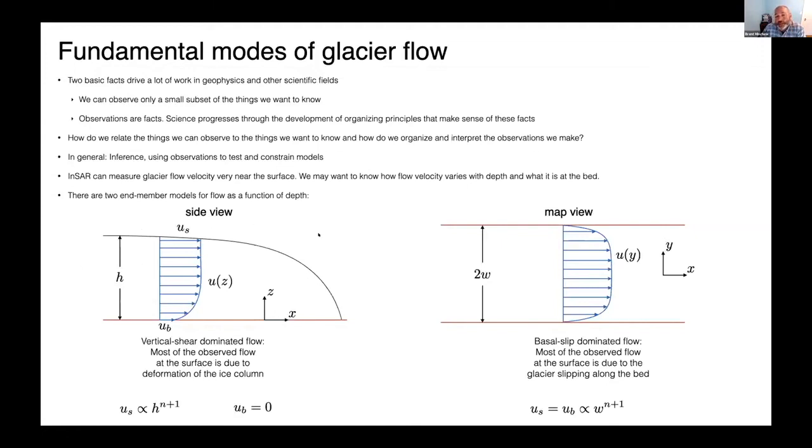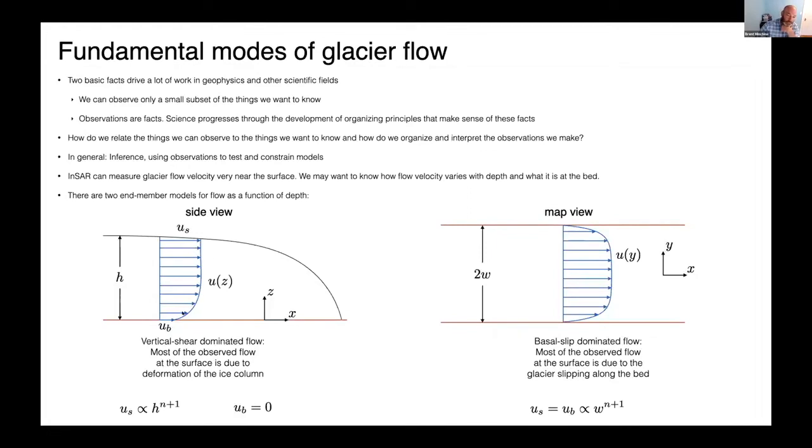So when we think about the relationship between what we can observe and what we often want to know, we can think about two end-member models for glacier flow and how the glacier flow varies as a function of depth. There's a vertical shear dominated flow, and this is basically ice that's frozen to the bed. As it's flowing along, everything's just deforming, and you get this gradient of deformation near the bed that tends to taper off.